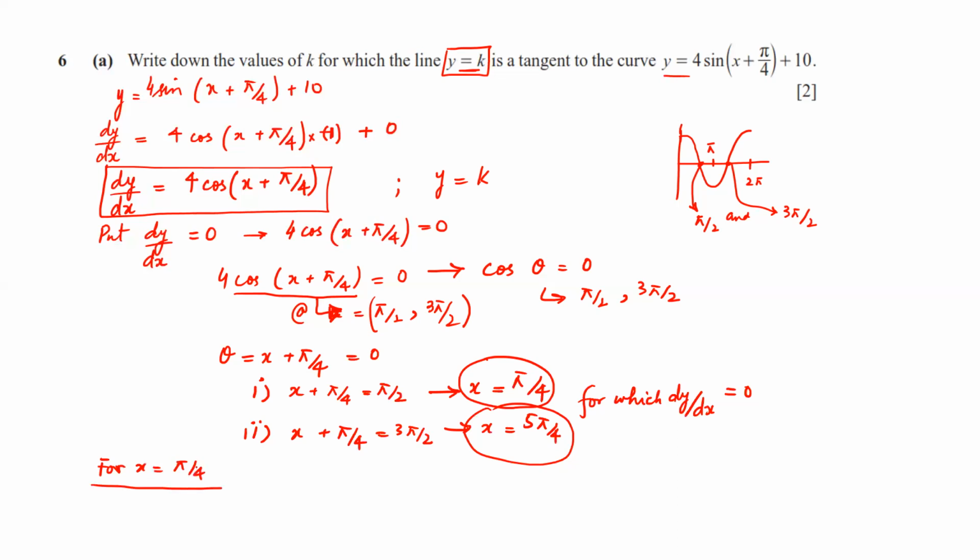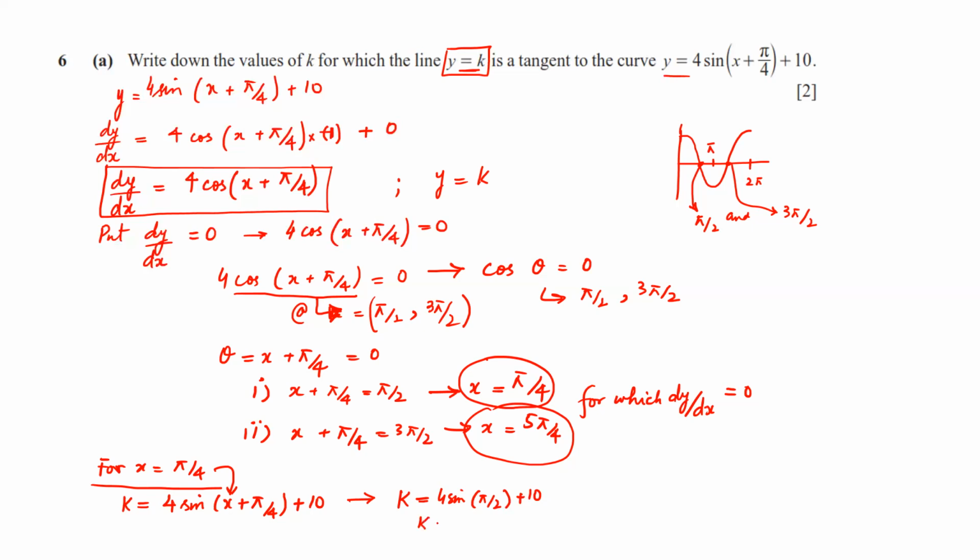For the first value, we have k is equal to 4 sine of (x plus pi by 4) plus 10. If we solve this, k is equal to 4 sine of pi by 2, putting the value x equals to pi by 4 here, plus 10.